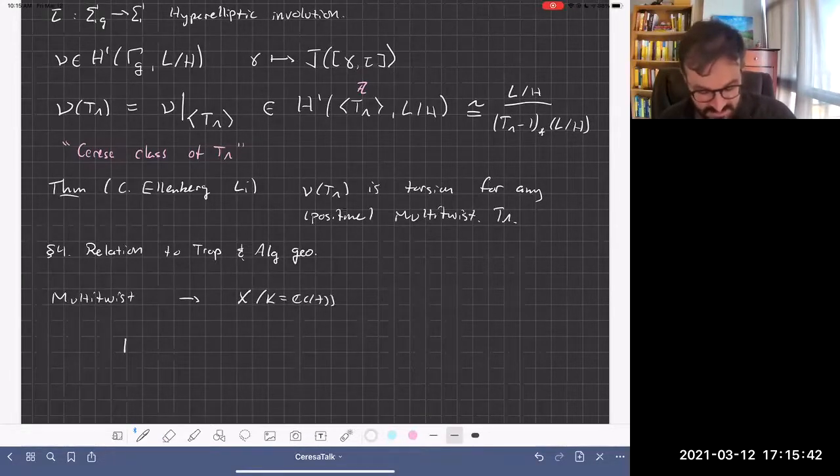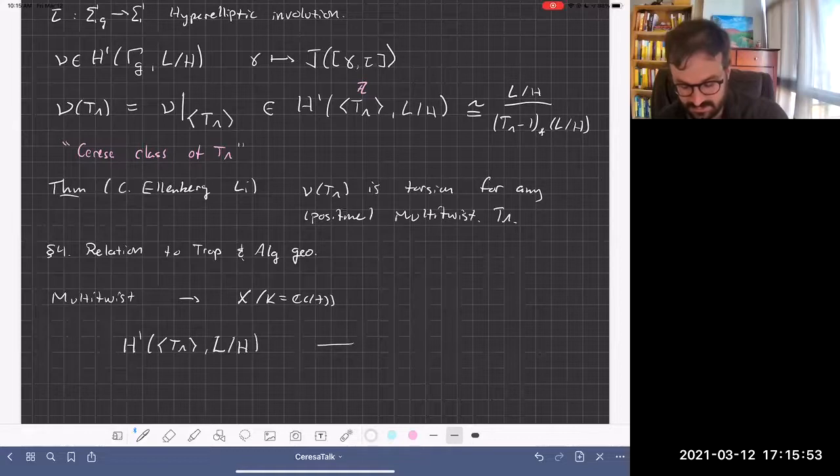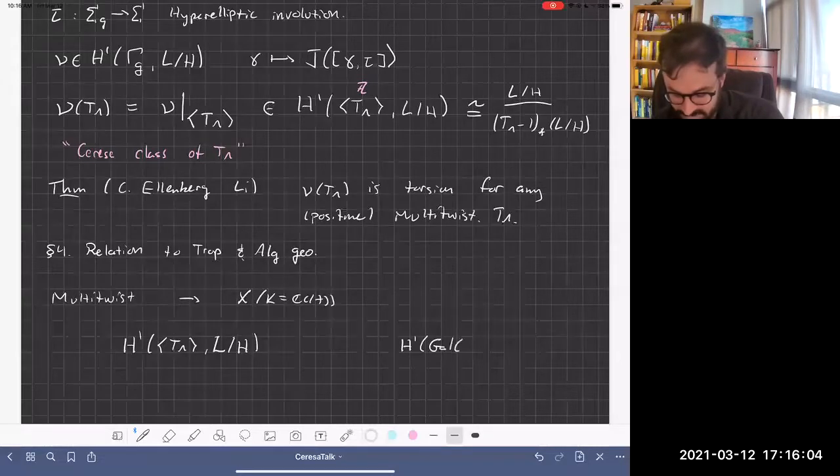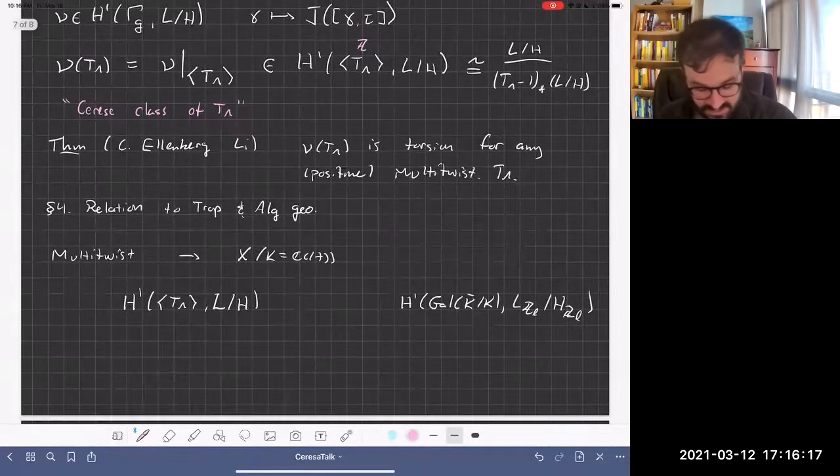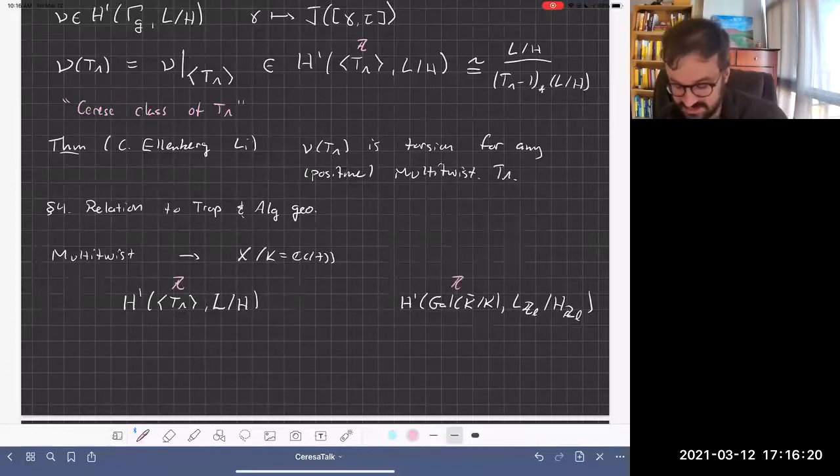So over here, the Ceresa class lived in H1 of Z, T lambda, coefficients in L mod H. Over here, we had H1 of Gal(K-bar over K), coefficients in L Z_l mod H Z_l. In these two settings, this is just Z and this is Z hat.